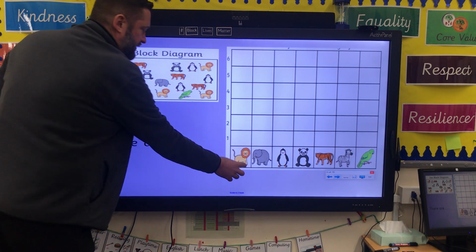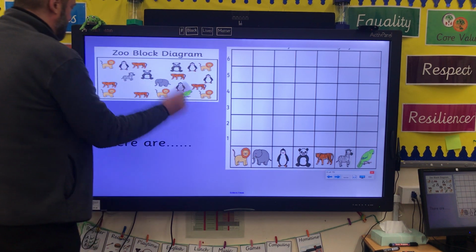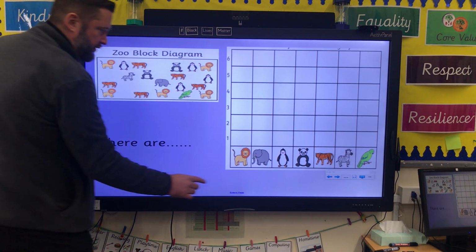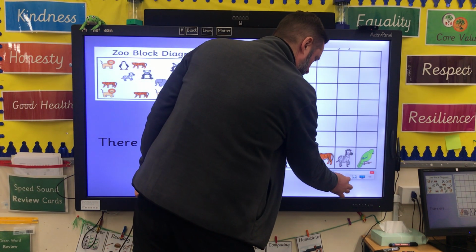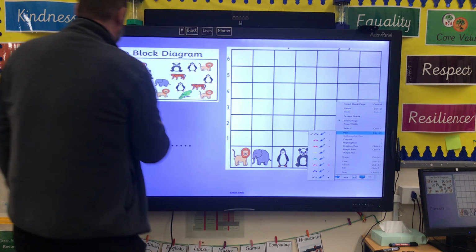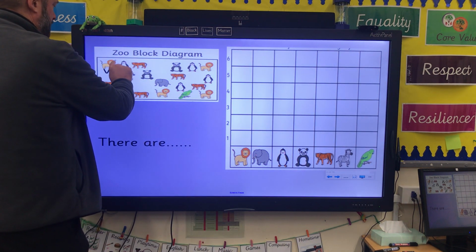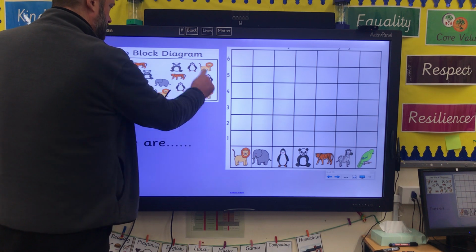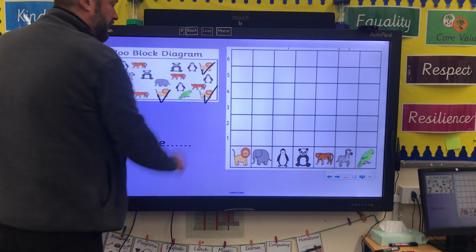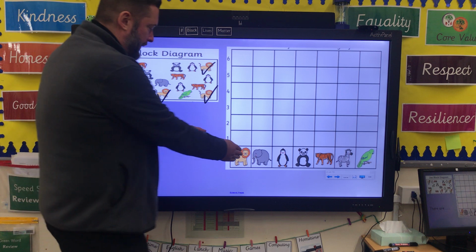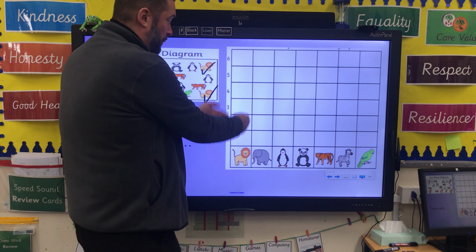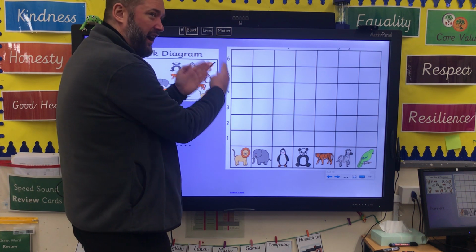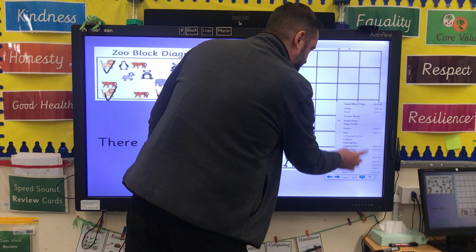I'm going to start with the lions. So again, turn my pen on. I'm going to tick to count. 1, 2, 3, 4, 5. So now, in this bar, or block, I've got to colour 5 squares.